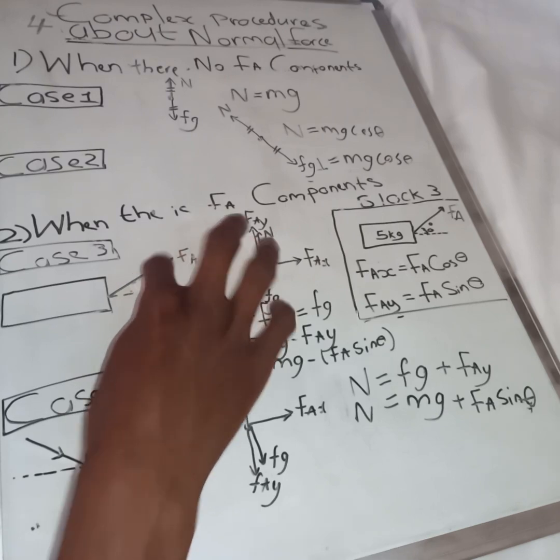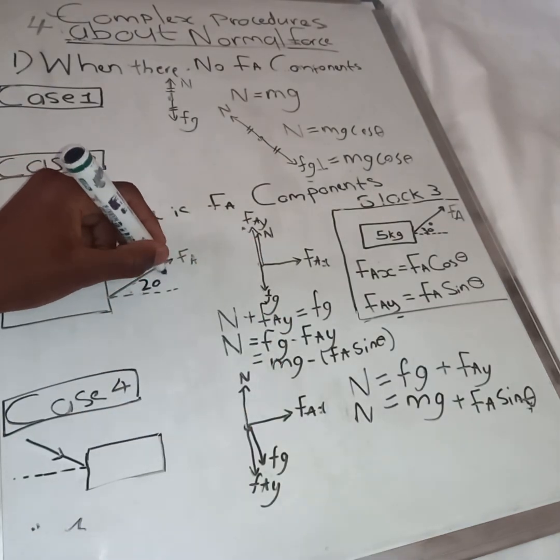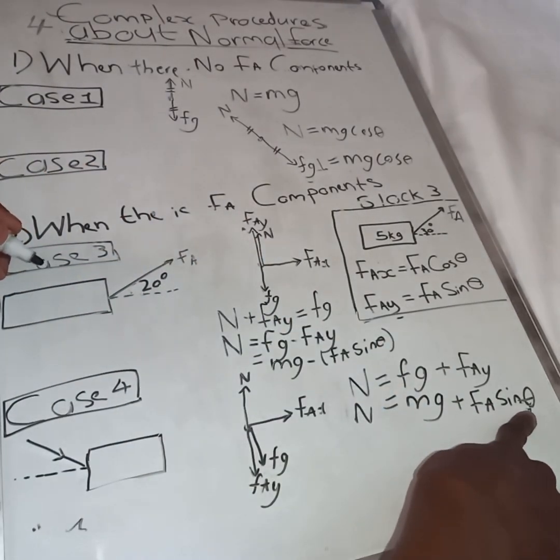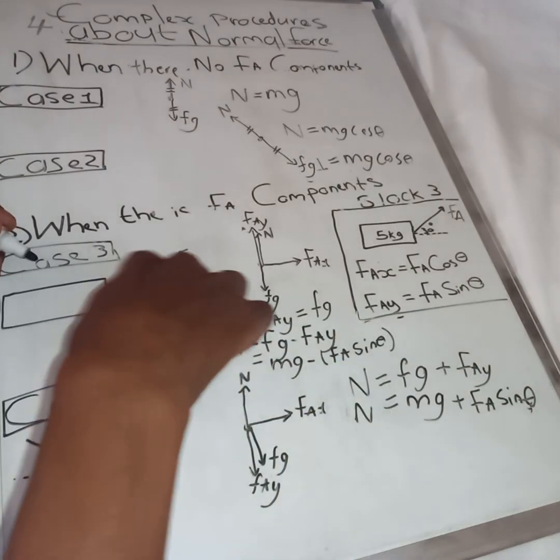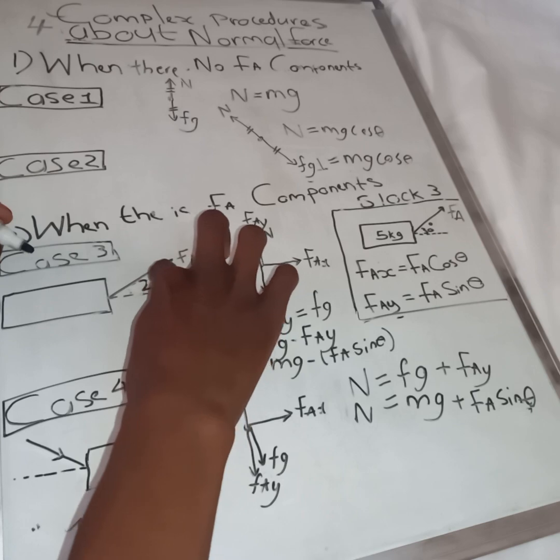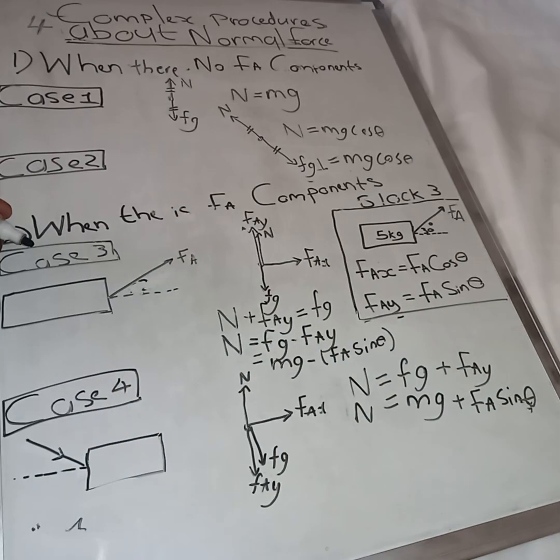So when you are given, let us say 20 degrees, you are going to substitute 20. If you are given 30, you substitute 30. 40, you substitute 40. Note this, theta represents the angle.